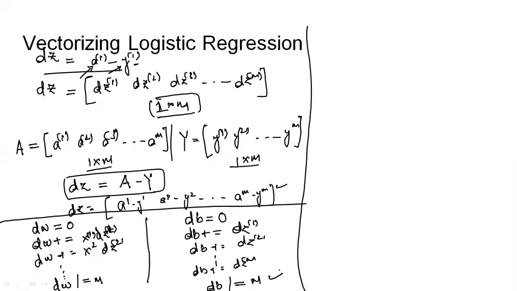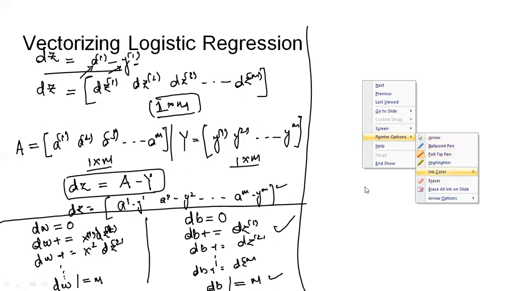Now, suppose I want to write all these equations in the vectorized form. The first thing I want to do is write the equation of db in the vectorized form. So how can I do this? Let me change the color of my marker so that it would be quite easy for you to understand.